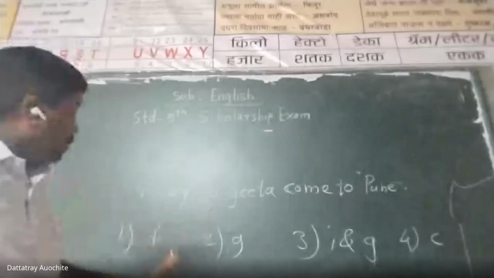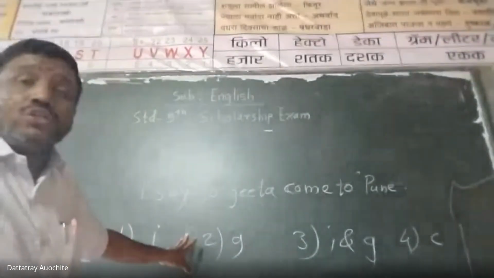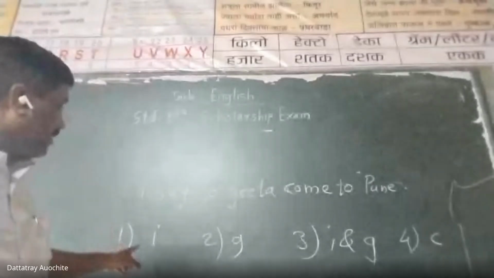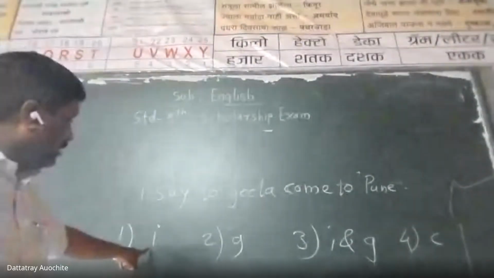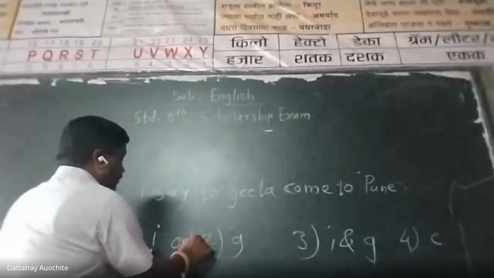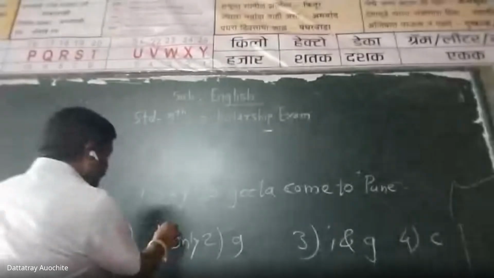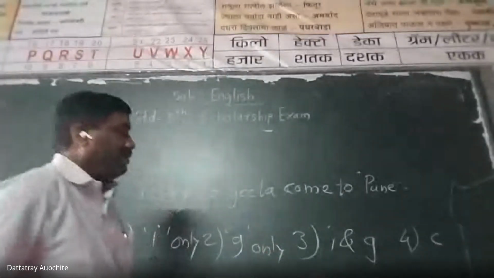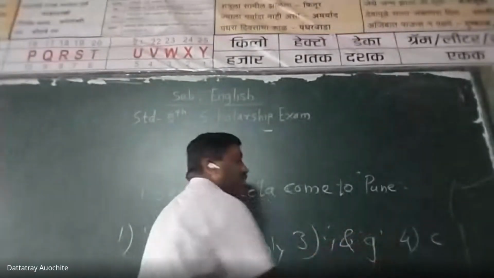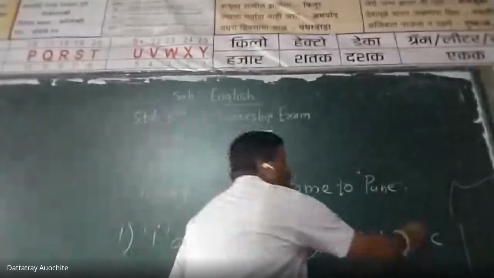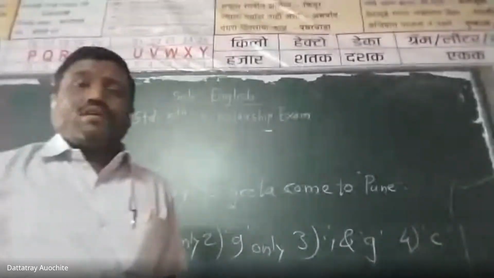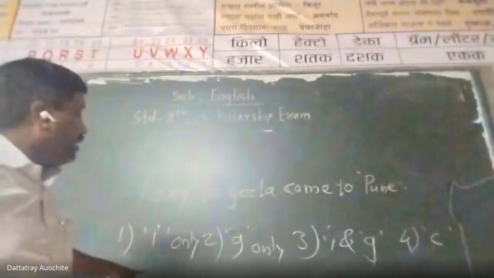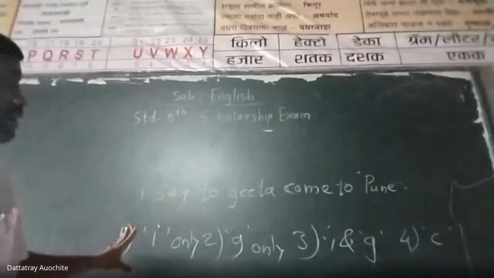In this sentence, which letter should be replaced by a capital letter? The first option is the letter I only, then letter G only. This is the second option. Letter I and letter G, and letter C only. If such are the options, then which is the proper option here?